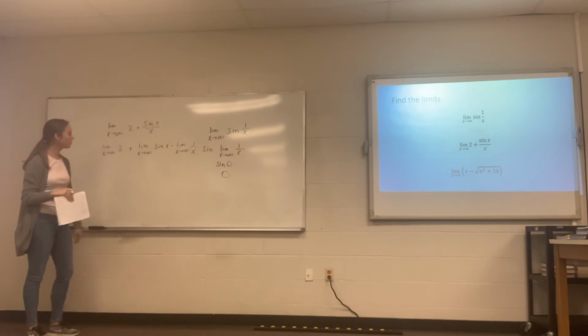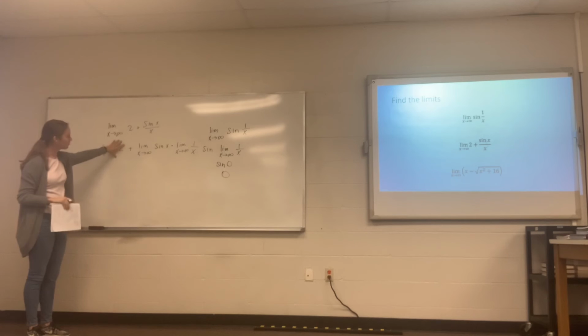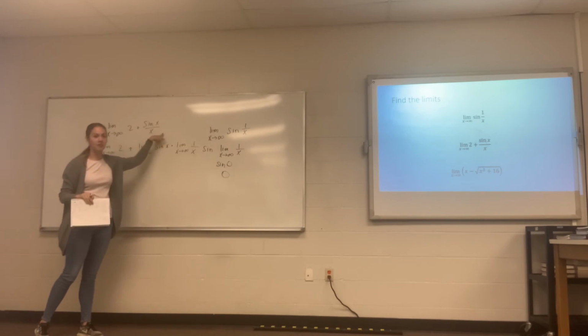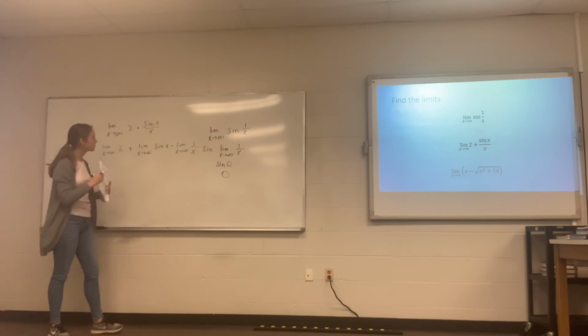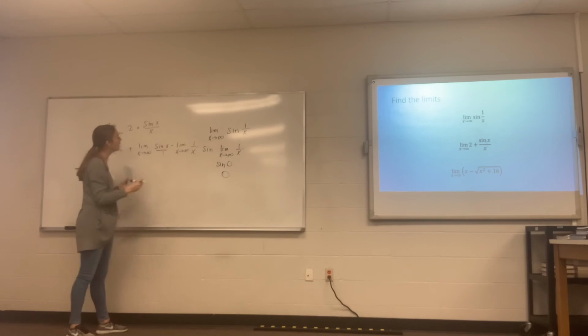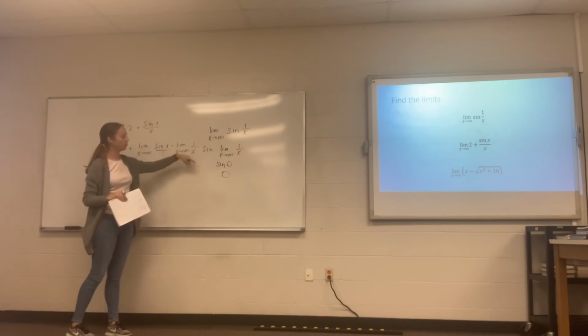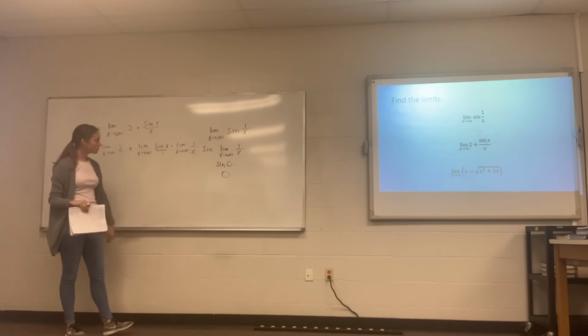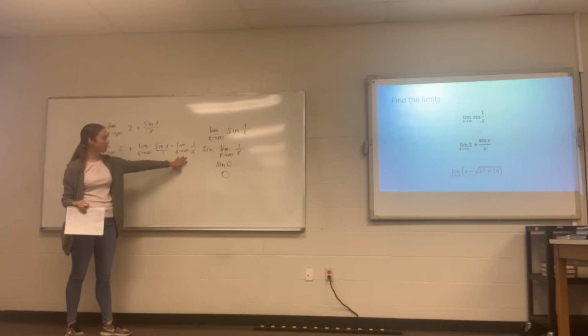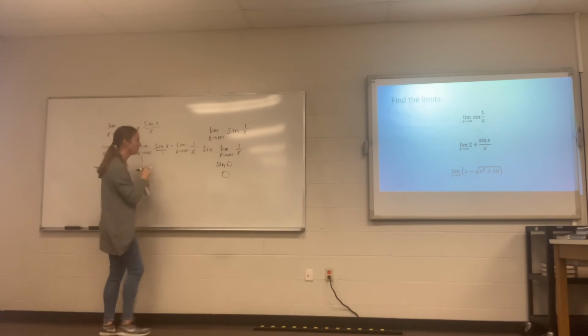Okay, so I just broke this up. I put the 2 all by itself, and then the sine of x over x I broke into just sine of x, we could say over 1 if we want, and then 1 over x. Okay, so I know my limit of 1 over x is going to be 0.